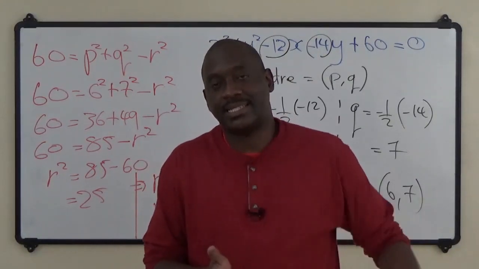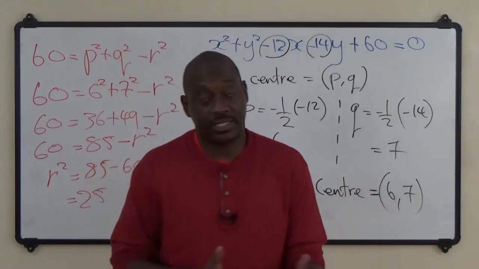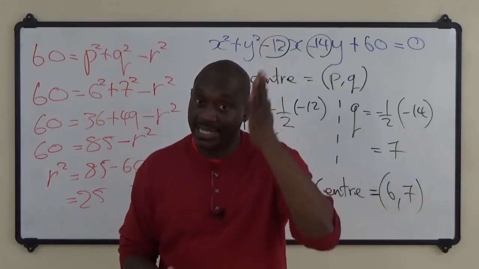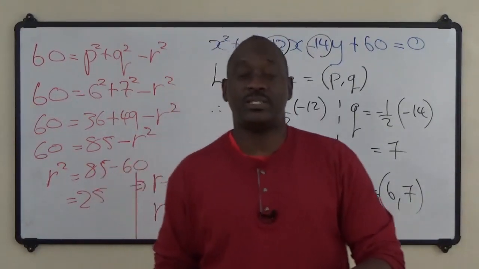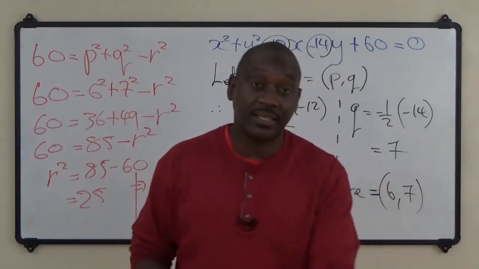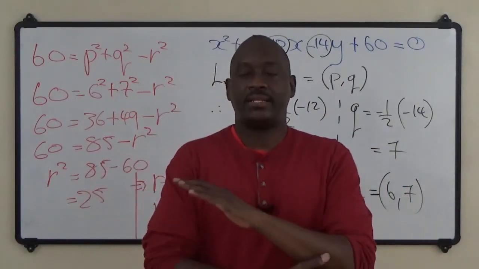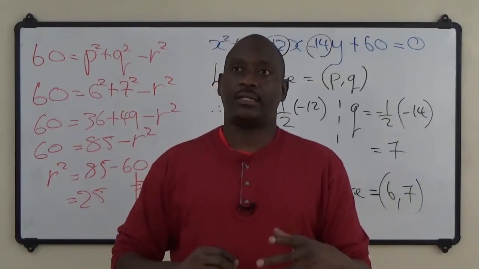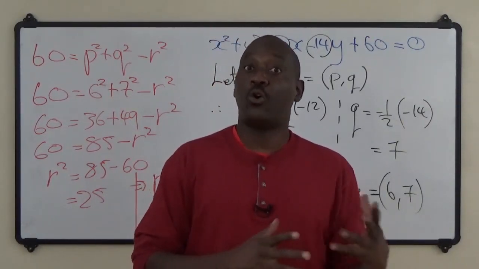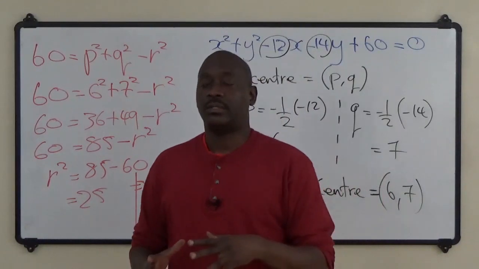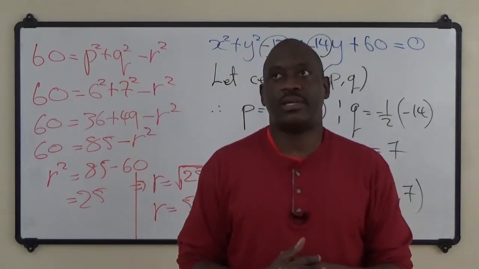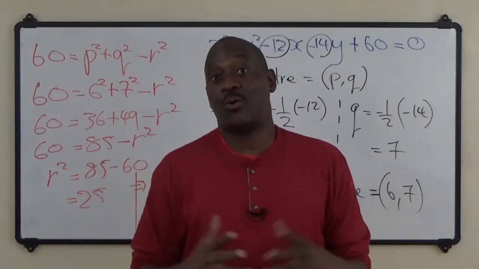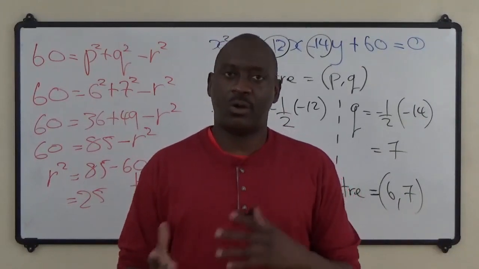The line might actually pass through the circle, to cut the circle. The line might be a diameter of the circle, which is to say that it passes through the center of the circle. The line could be a tangent to the circle. The line could be a normal to the tangent, which means that it would actually be a radius or a diameter, depending on how you want to consider the line segment.